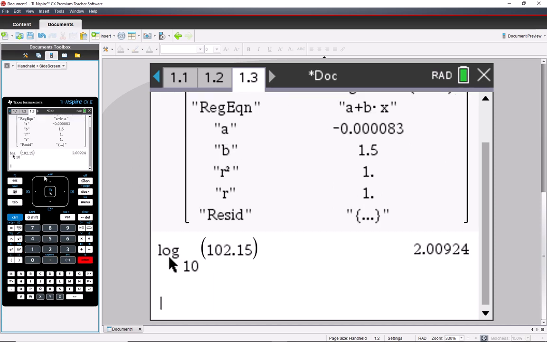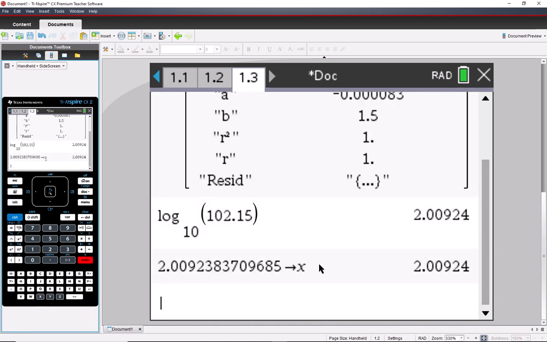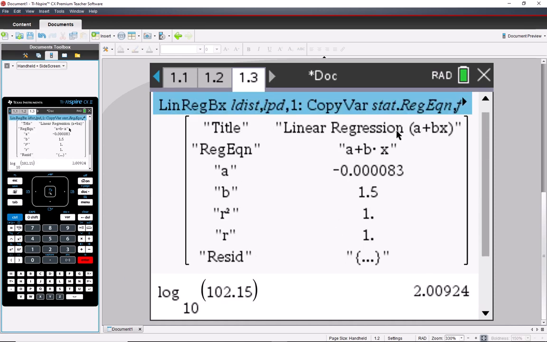All right, so let's go ahead and store that. So we can just do control store x, enter. And then we can run that value through this stored equation.